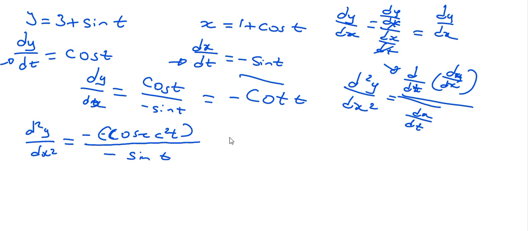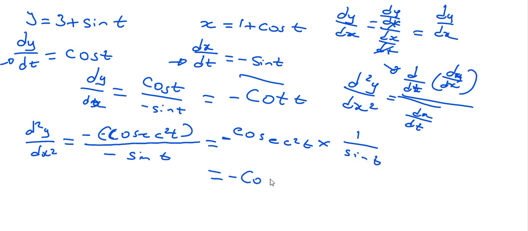Okay, so let's try to express it. Remember the top is going to be positive, we're going to have cosec squared t, and then times, let's put our negative here, 1 over sine t, which is going to be negative cosec squared t times cosec t, and this is going to be the same as negative cosec cubed t.